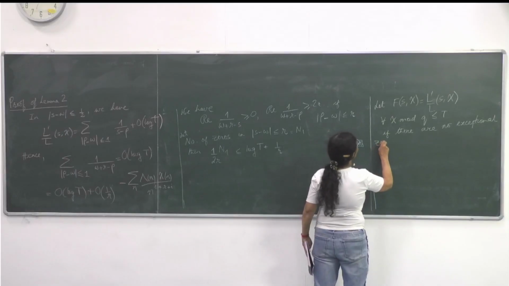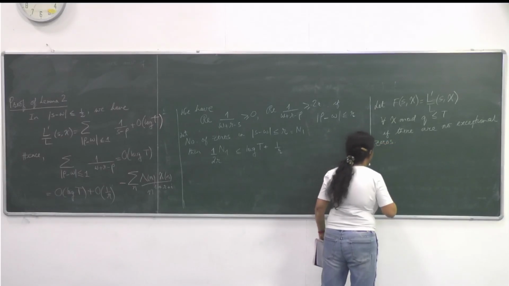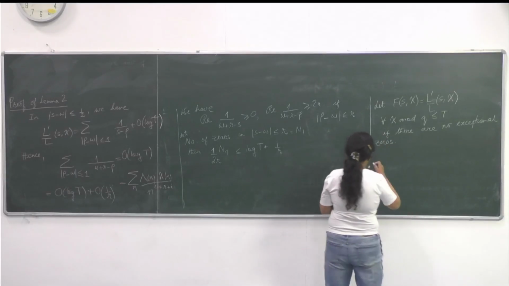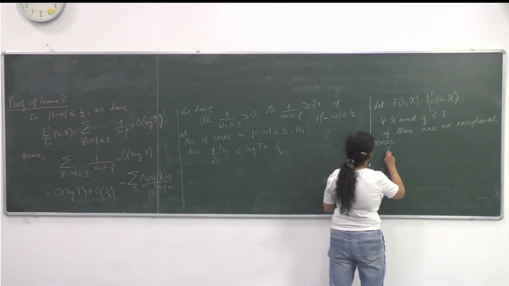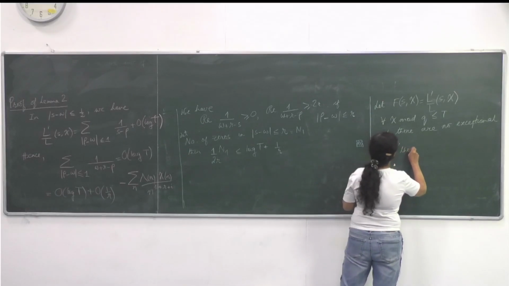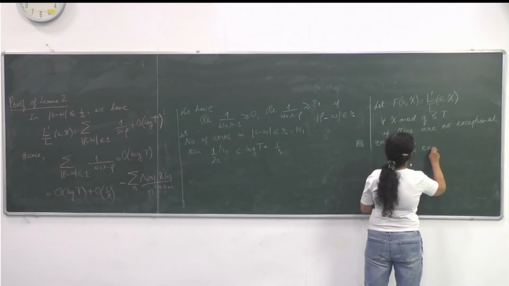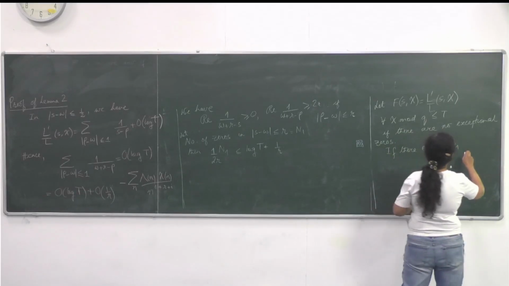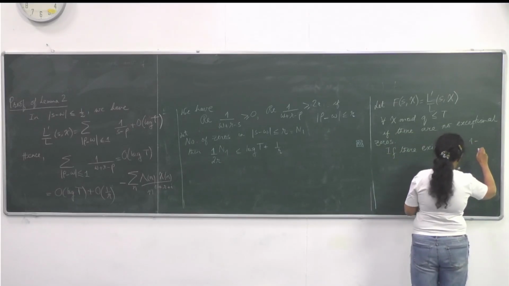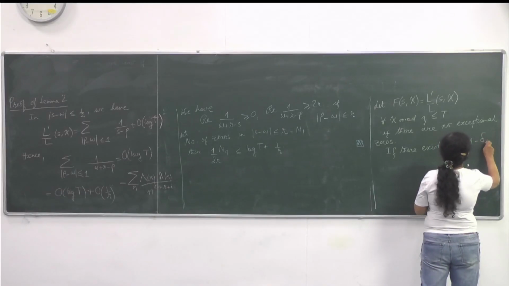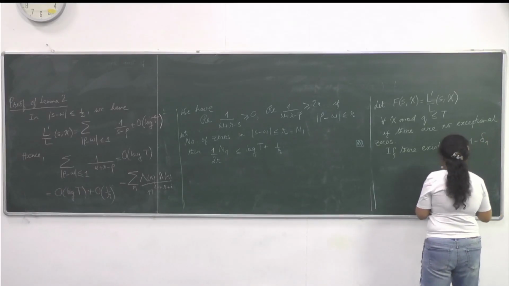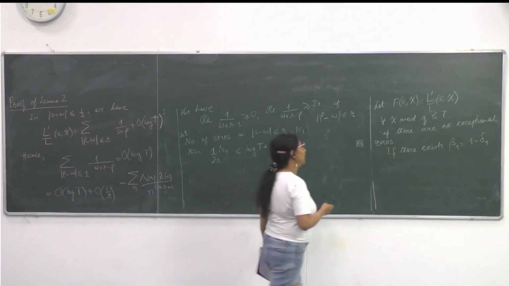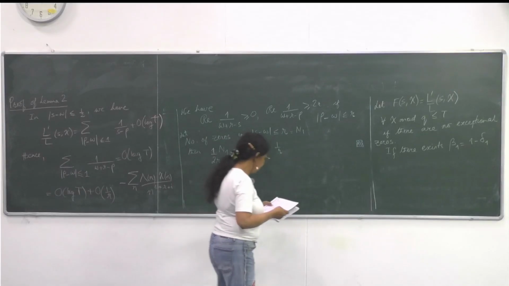And suppose there is an exceptional zero, we call it beta 1, and if there exists beta 1, which is equal to 1 minus delta 1, so this is an exceptional zero.